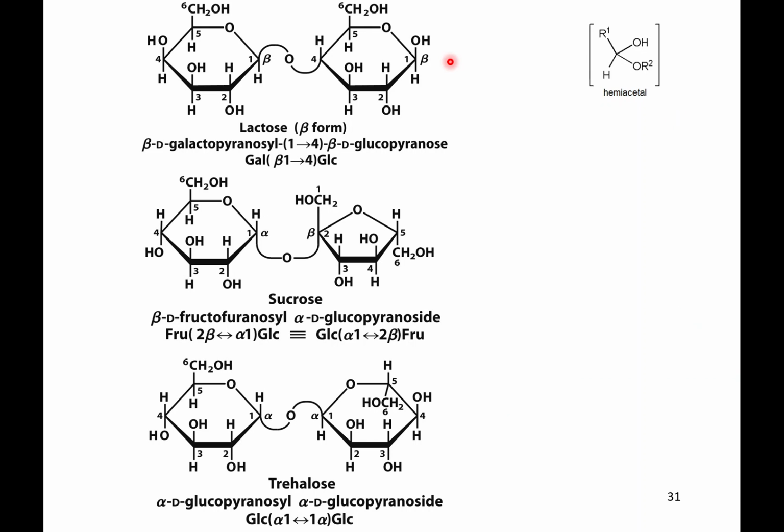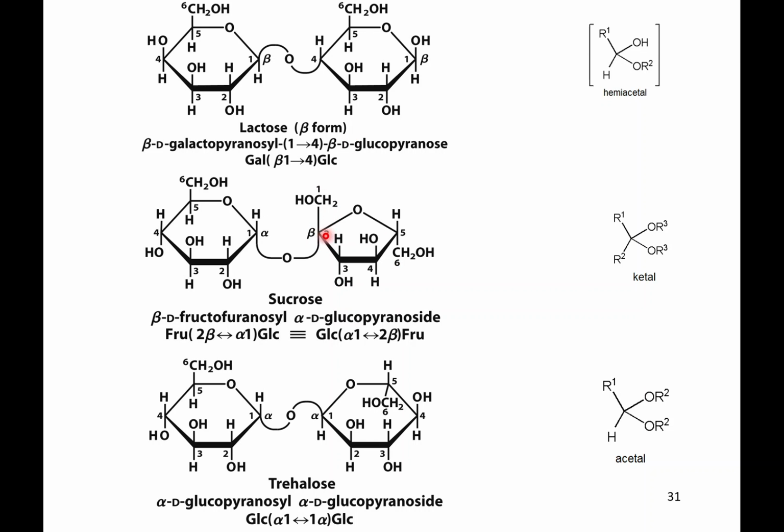In the first case, with lactose, we do have carbon 1 on glucose, the anomeric carbon, as a hemiacetal: OR, R, OH, and an H. That is a reducing sugar. These other two sugars are non-reducing.